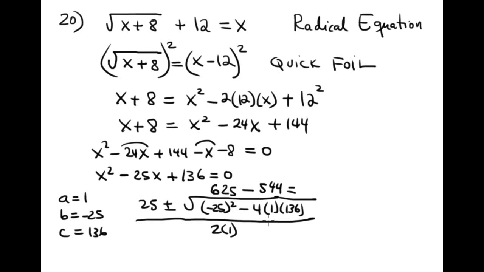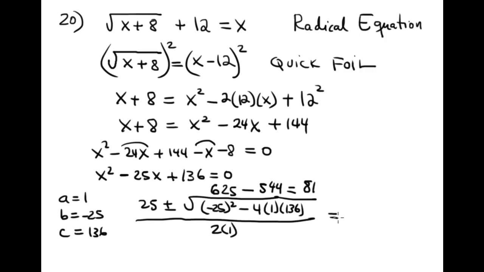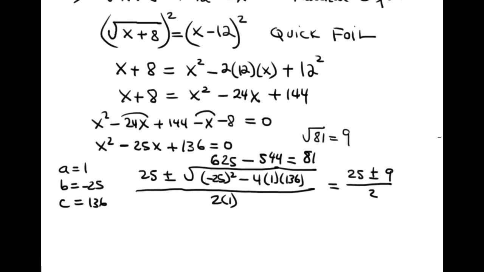Now subtraction: 625 minus 544 is 81. And the square root of 81 is 9. This is 25 plus or minus 9 over 2. I separate into pieces. 25 plus 9 over 2, and 25 minus 9 over 2.